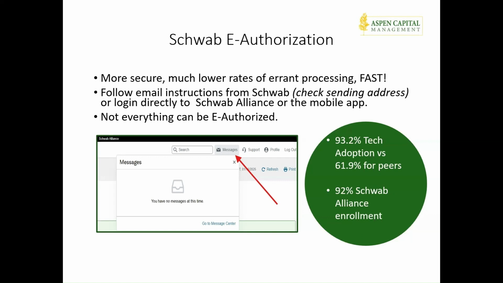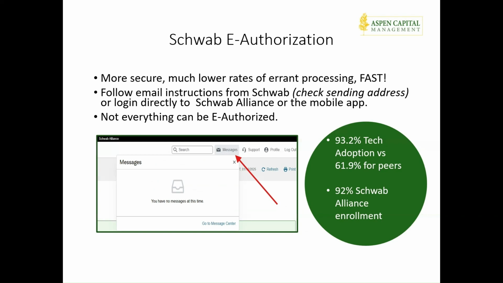Now, not all forms can be e-authorized, but when possible, Aspen Capital will request your digital signature using this method. Instructions and a link to complete e-authorizations are sent from a Schwab email, so always double check that sending address. Or you can log in directly to your Schwab Alliance account or Schwab Alliance mobile app and find these e-authorizations in your message center.